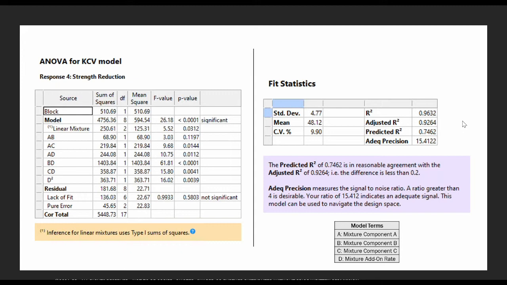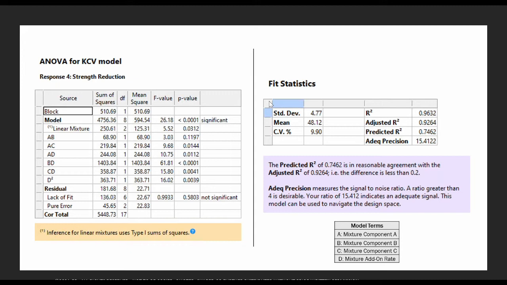So a predicted R-squared of 0.75 I was very satisfied with. The other thing that I look for is adequate precision. Design-Expert prompts you on what the ratio should be, 4 or greater, and of course we're far above 4, so I'm happy with that. The other piece that I like to look at, and I don't talk about in the discussion today, is how you assess the power of your design, so doing a power evaluation.